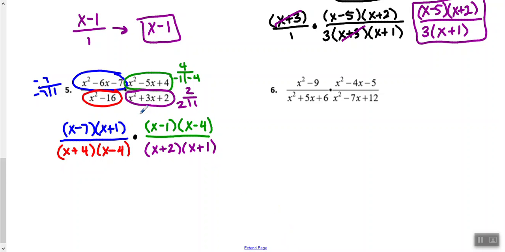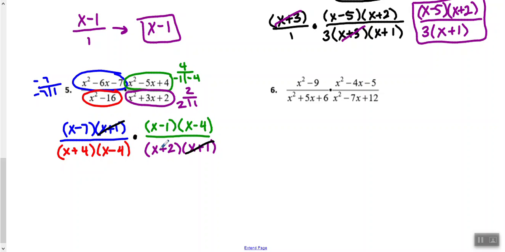So now that everything is factored, I'm looking to see what I can cancel. Remember, I have to be exactly the same, one on the top, one on the bottom. So x minus 7 is on the top. There's no x minus 7 on the bottom. X plus 1 on the top, and I do have an x plus 1 on the bottom.